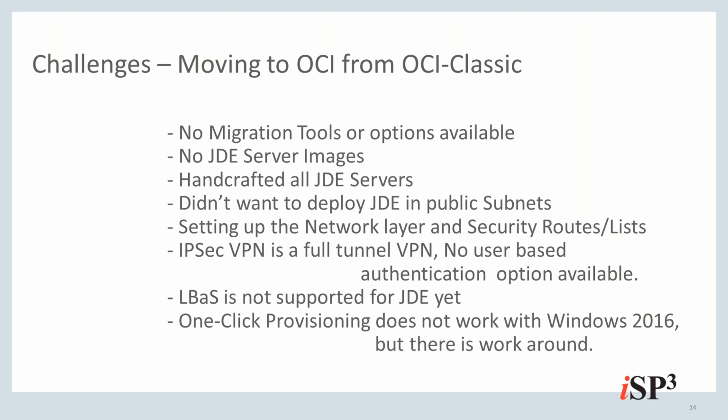And one of the options that I explored during the migration was the IPsec VPN, so that when I'm publishing the URL to remote users, maybe I can introduce an extra layer so that they will have to VPN to the OCI first.